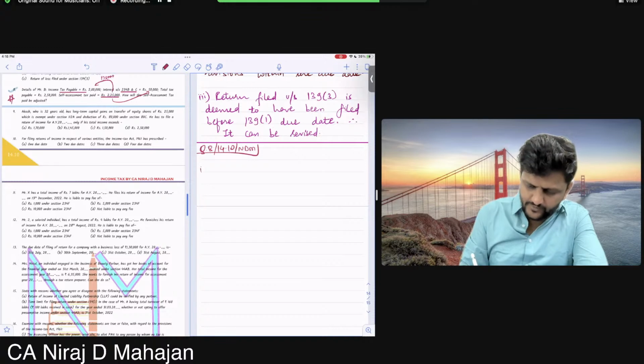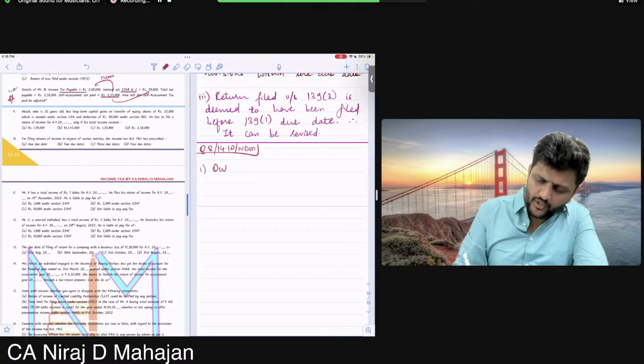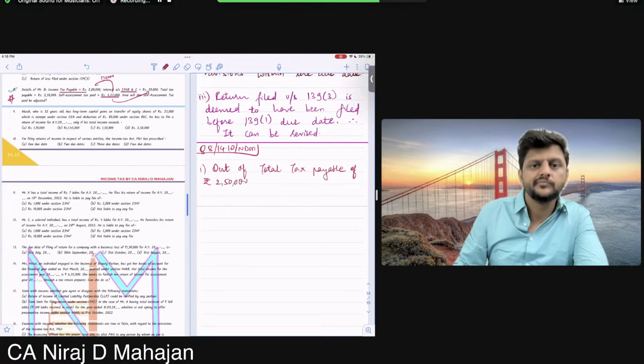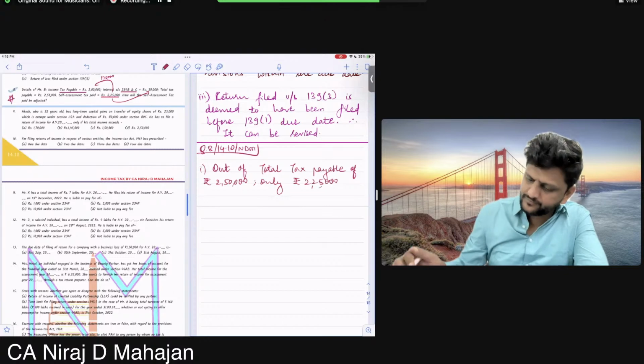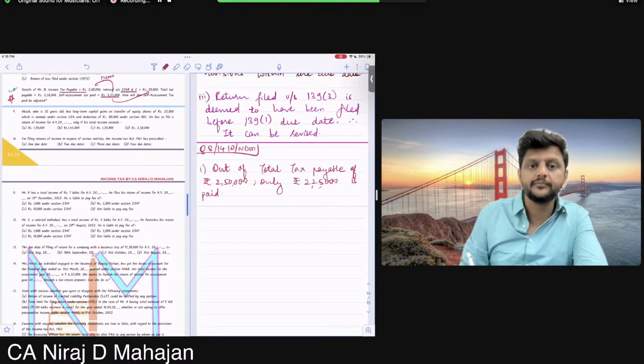Ready? First one. Out of total tax payable of rupees 2,50,000, only rupees 2,25,000 is paid, right? Correct?